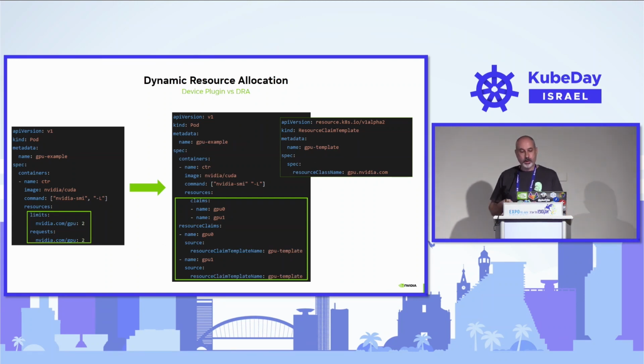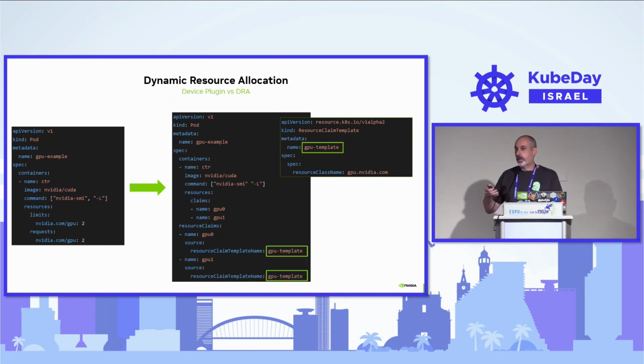On the new way, you have a new section under resources. It's called claims. And then you give a list of names, the name of the resource claims that you want to use. Then you have also a new section. It's called resource claim. And there you need to configure for each claim that you want to use what is its source. In this example, it is a resource claim template that is configured on the right.